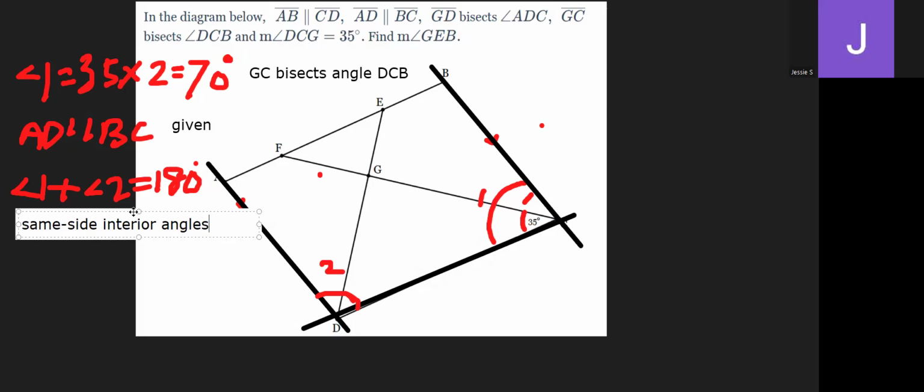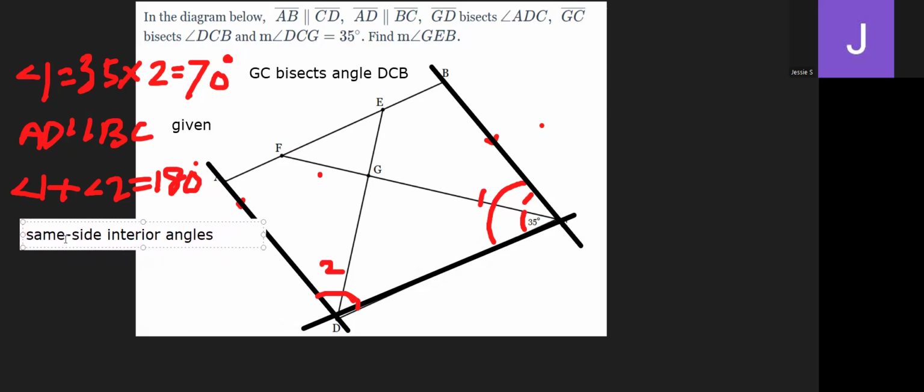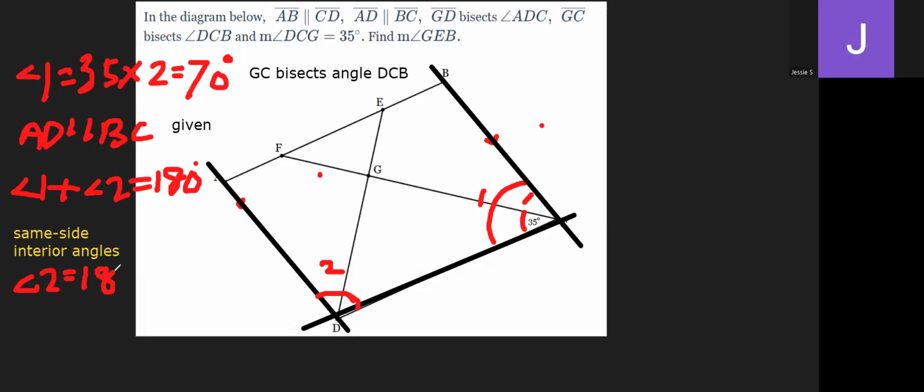We have learned that before. That means, because angle 1 is 70 degrees, angle 2 is equal to 180 degrees minus 70, which should be 110 degrees.